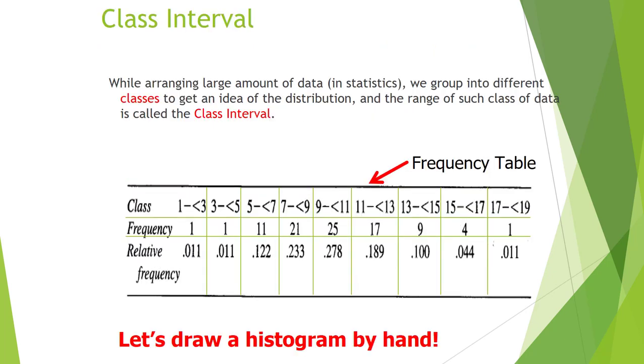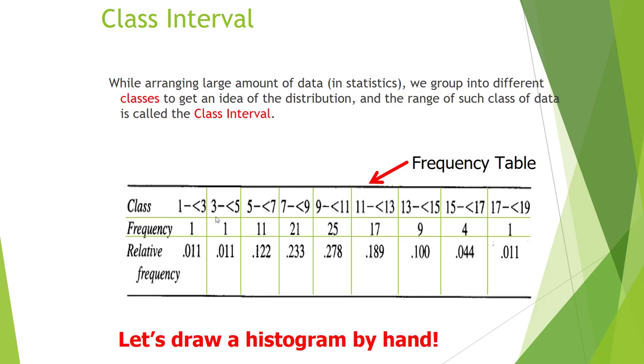What I did is, for these 90 numbers, I actually determined on, no, I'm sorry, on nine classes. So for example, the first class, I have energy consumption from 1 to 3, larger than 1, smaller than 3.